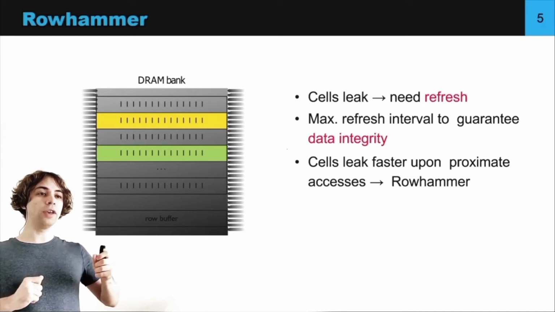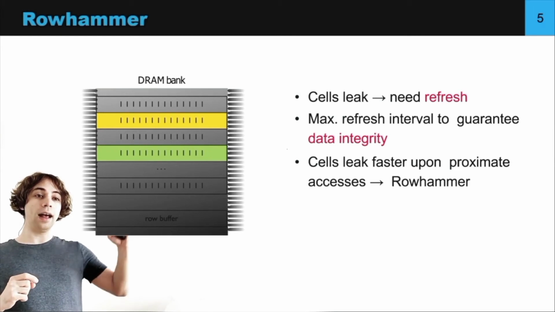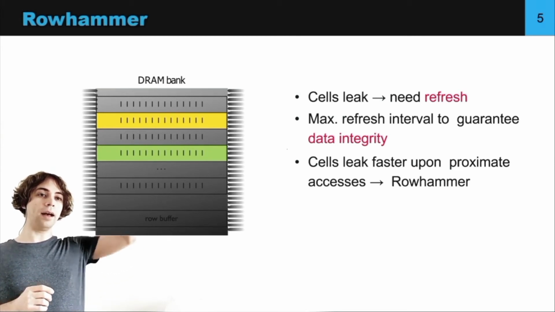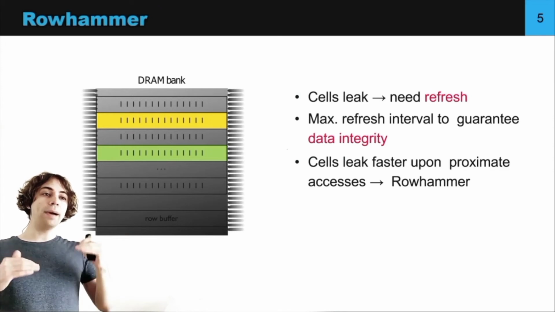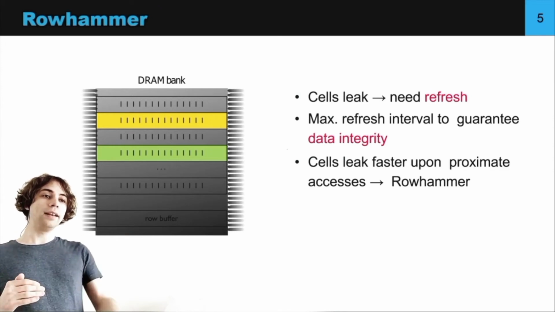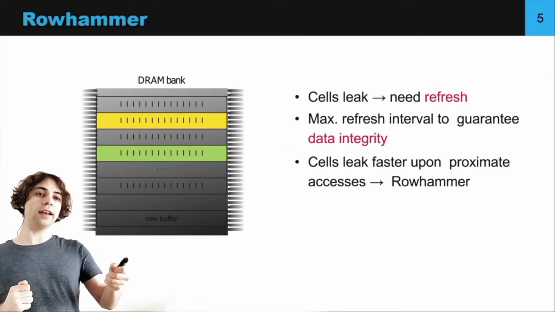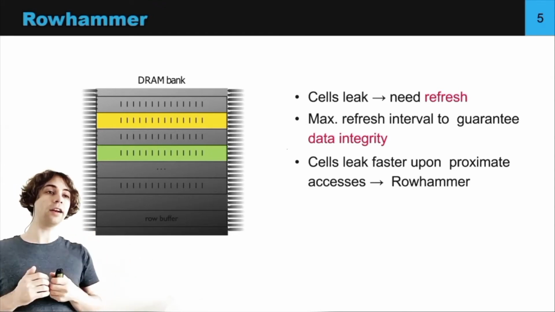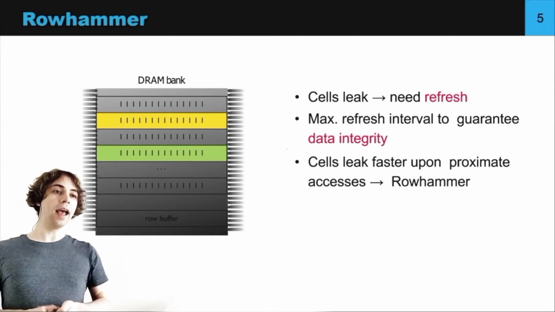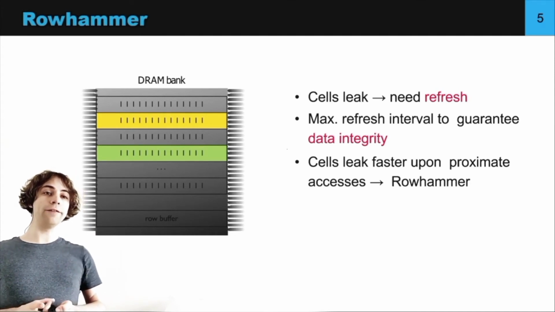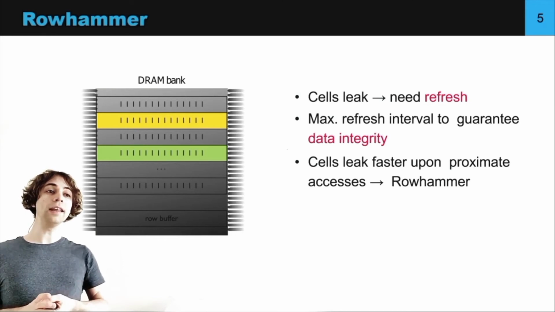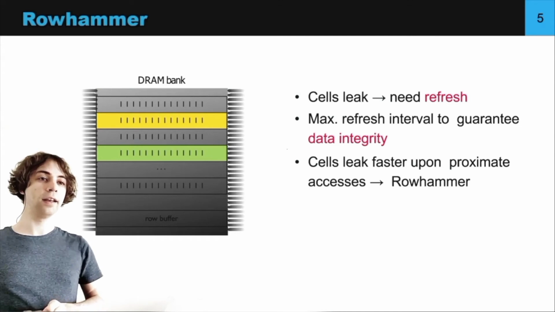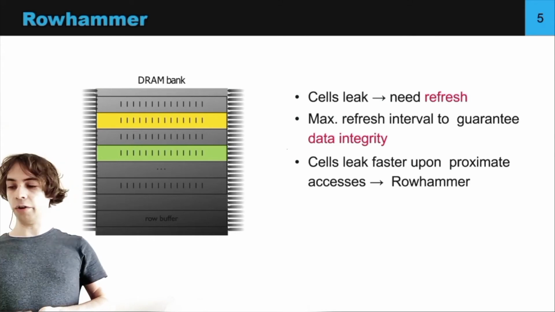And what you can do here is access certain rows in this DRAM bank, and by accessing a row, you will discharge not only the cells that you are reading and copying into the row buffer, but also close by cells that are in proximity to these cells. And this is what we call the Rowhammer effect. So to guarantee data integrity, you have to refresh very frequently so that this effect and other effects don't occur.